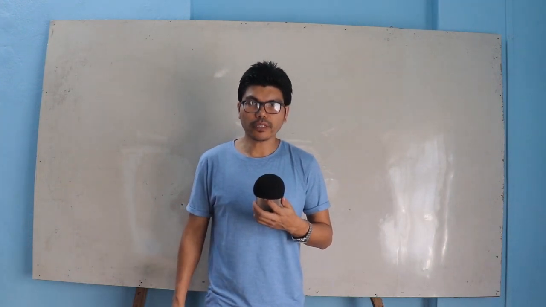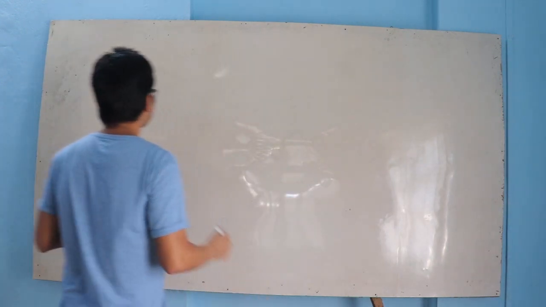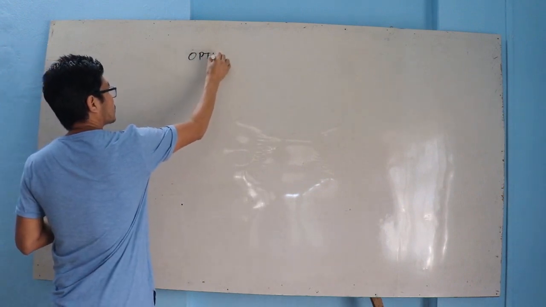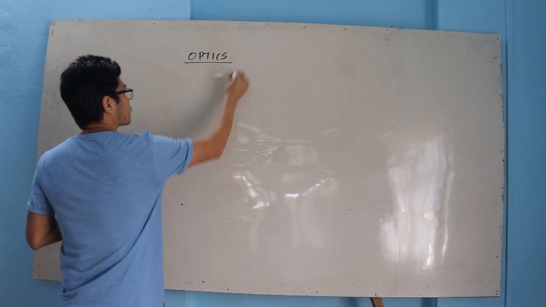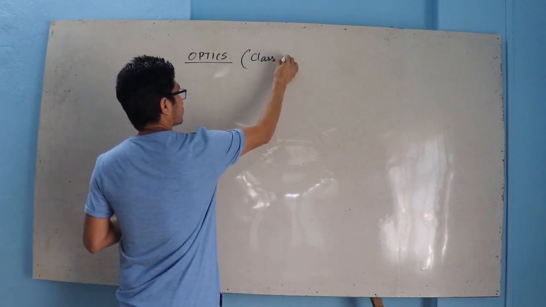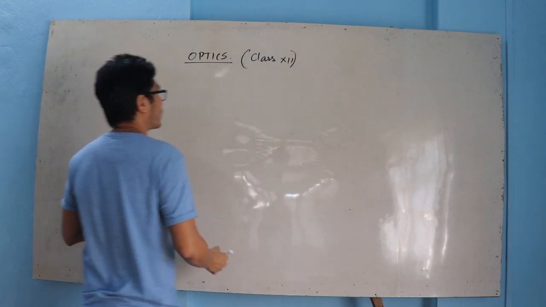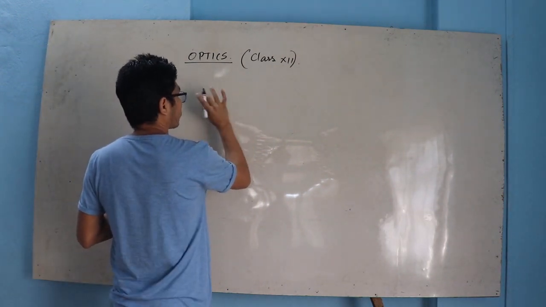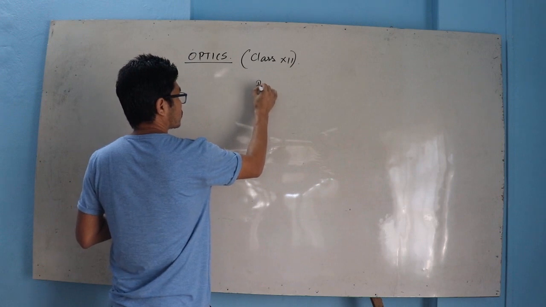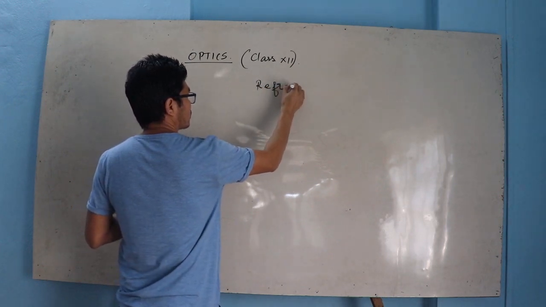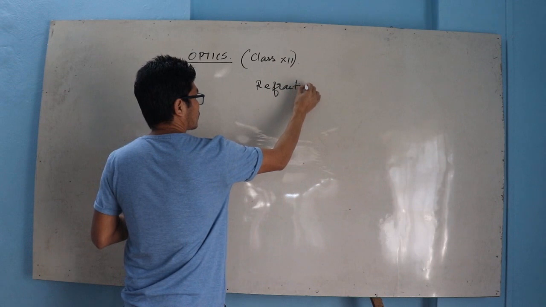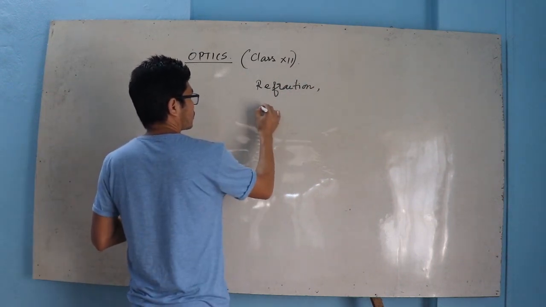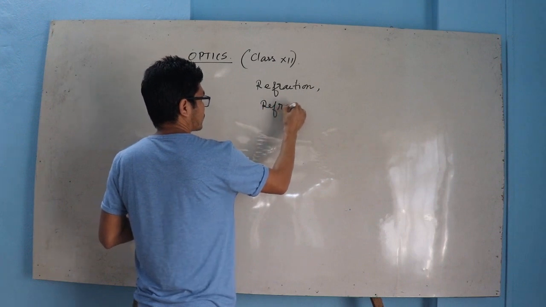Alright, dear students, for class 12 today I'll be starting from optics. This is for 12. So in this unit, for today's class, we'll talk about refraction of light and the refractive index.